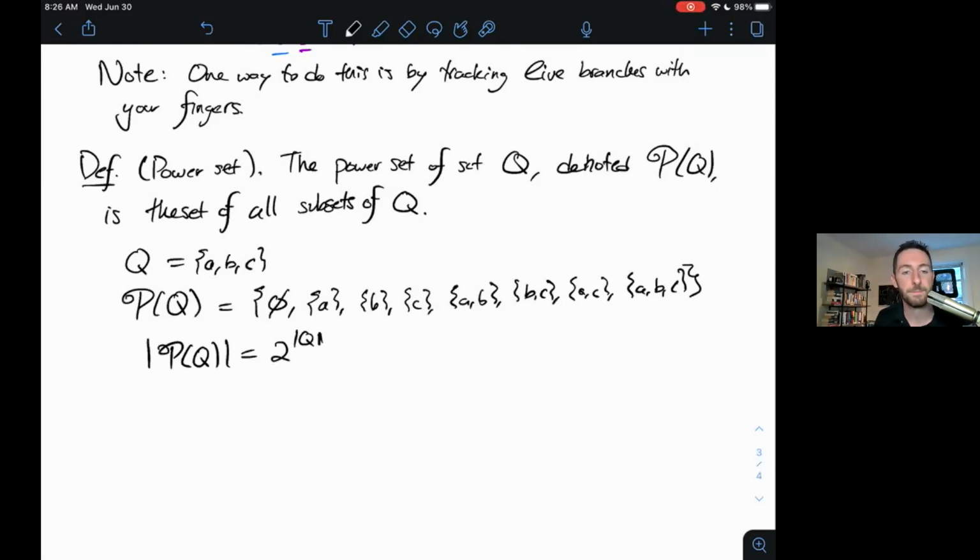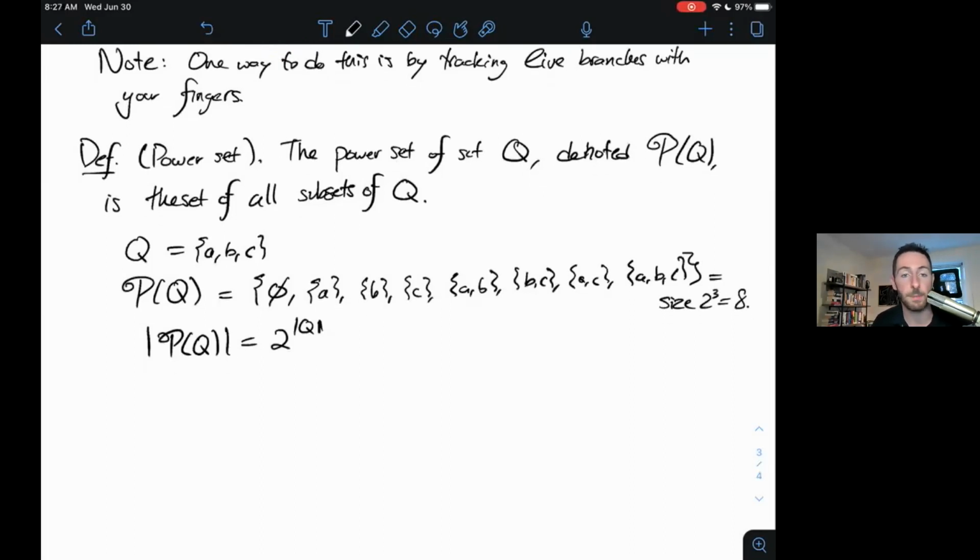So you've got |Q| yes or no decisions. The number of subsets you're going to have is 2 times 2 times 2, |Q| times. So this should be 2 to the 3, or 8, in size. 8 subsets. So now we've got a notation to talk about all the subsets of Q, which will let us write our definition of an NFA.